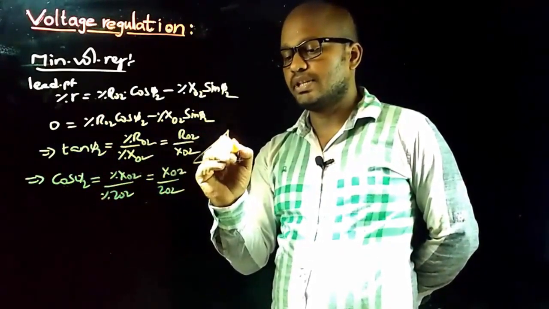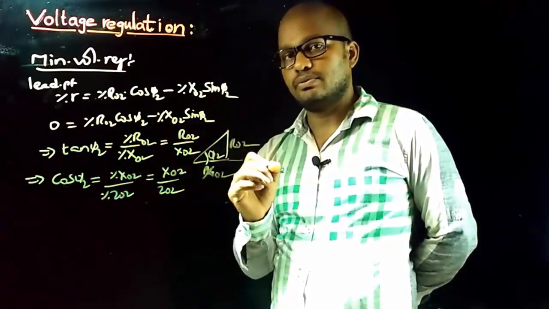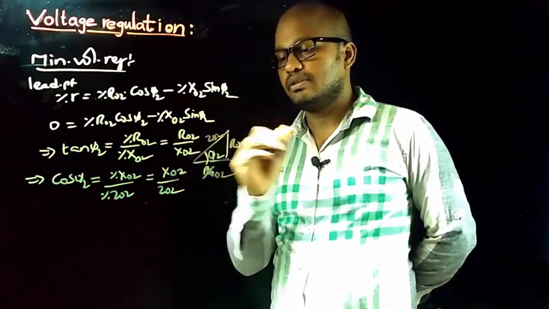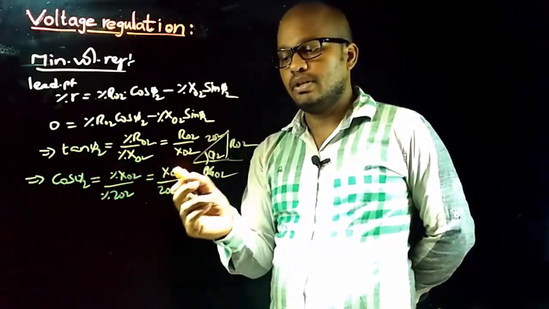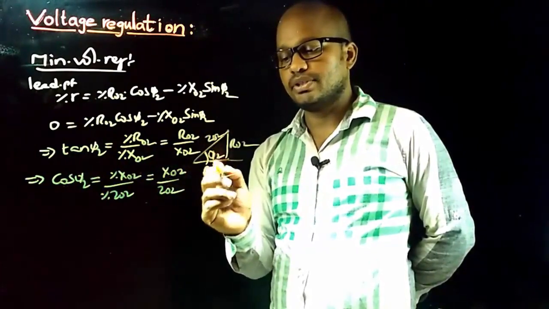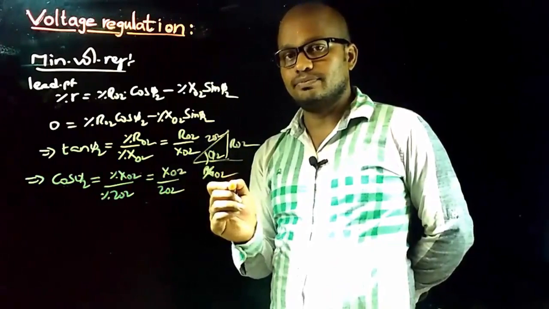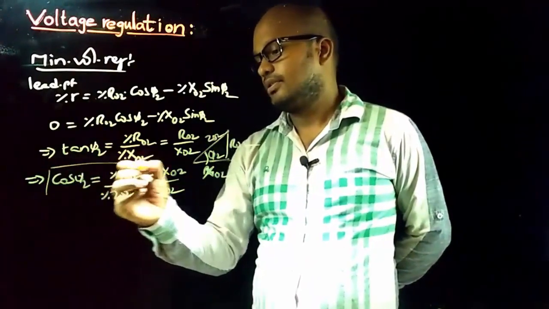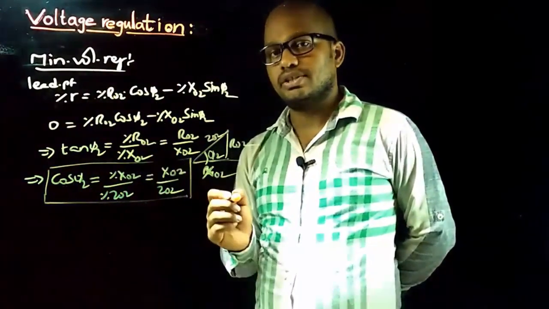Here the opposite side is R02 and the adjacent side is X02 and the resultant is Z02. From this we obtain cos phi 2, which is equal to adjacent side by hypotenuse. So the adjacent side is X02 and the hypotenuse is Z02. So this is the one condition obtained in minimum voltage regulation.